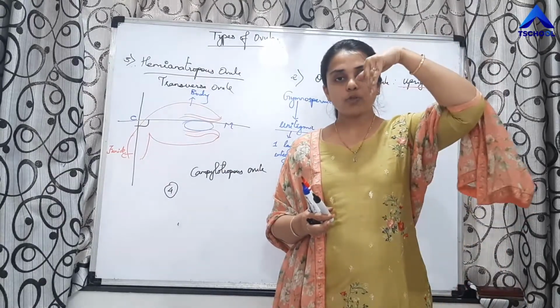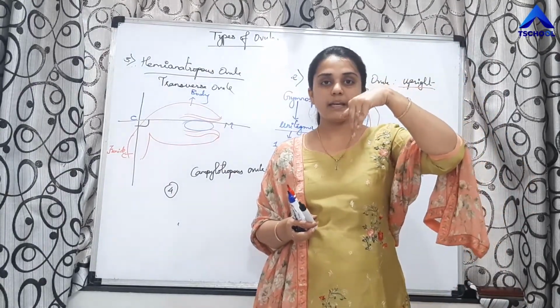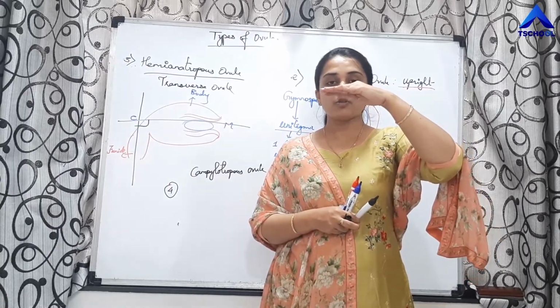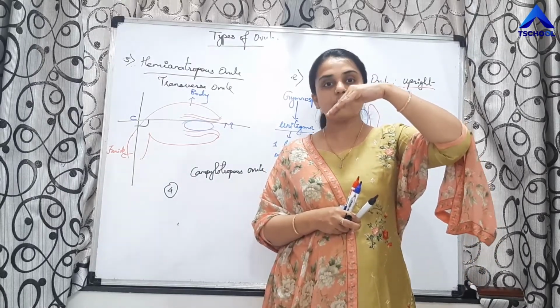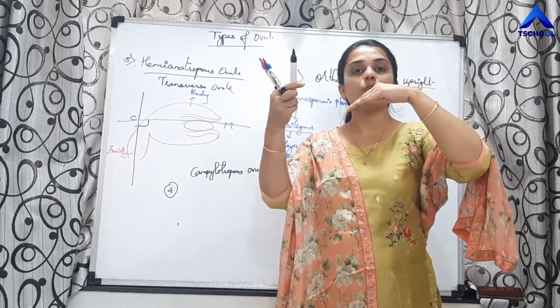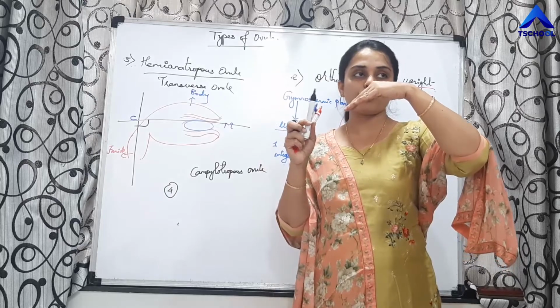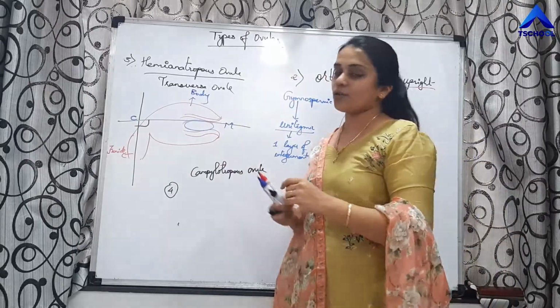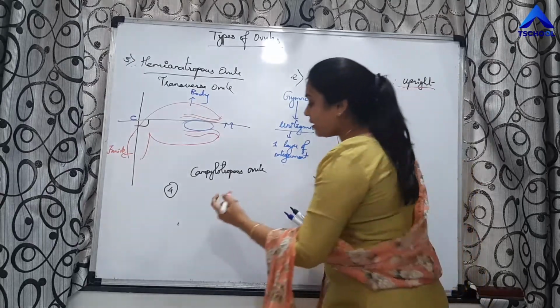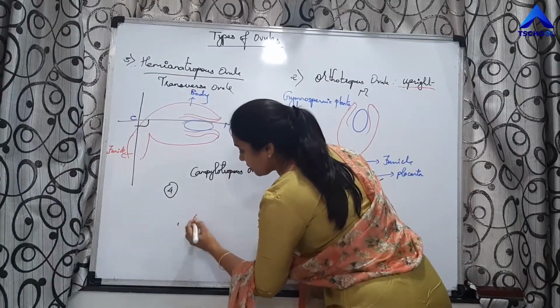Anatropous ovule is completely inverted. Hemianatropous ovule is completely transverse. So the ovule which lies at an angle in between the anatropous and hemianatropous ovule is called campylotropous ovule, right? So this is funicle.